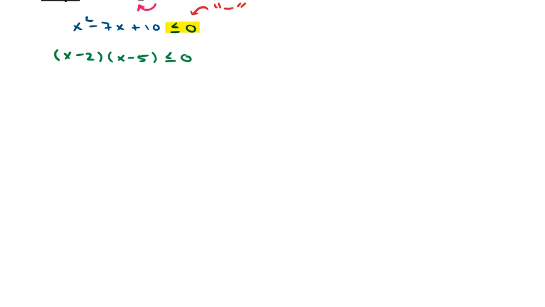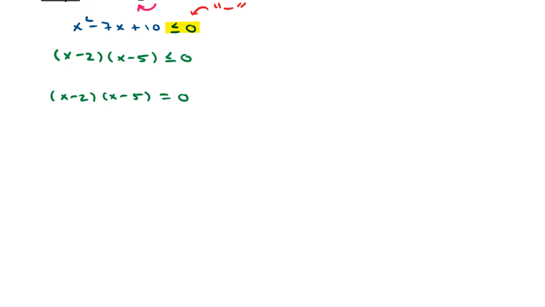Well, what you want to do is see if you can factor the left-hand side polynomial, and we definitely can do that. We're looking at x minus 2 times quantity x minus 5. Those are factors of positive 10 that add up to negative 7. Next, we'll imagine this inequality as if it were just an equation, and this helps us solve for x.